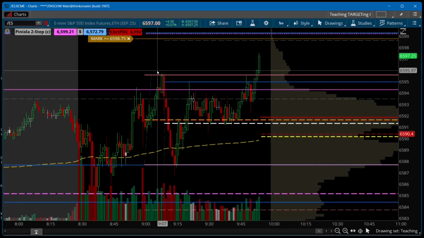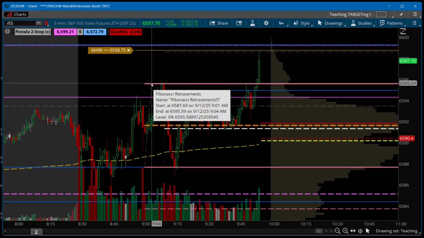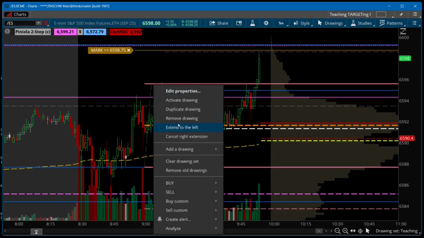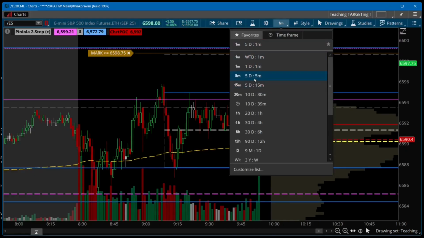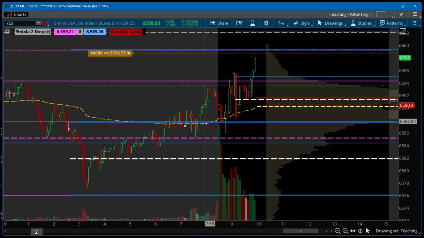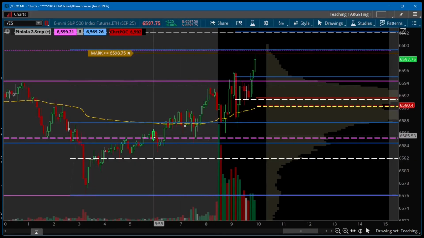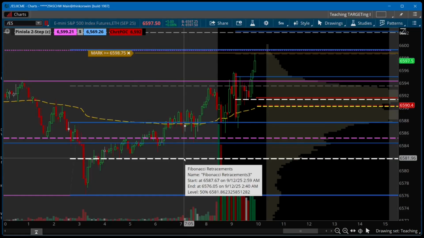Okay, I'm gonna jump on real fast. A couple things: I went ahead and set an alert up here because it looks like it was going there. I'm gonna remove this. What I was looking at was this move off the bottom is a 2.0 move. And the reason I say that is because once it hit it, it never came back to the 0.5.